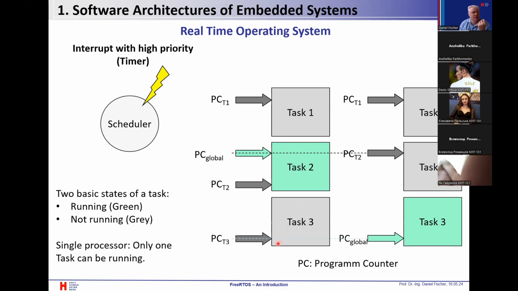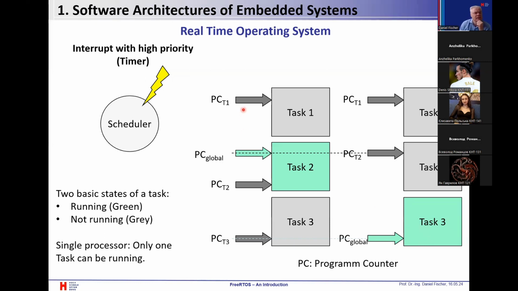And now there is a higher instance which is controlling the scheduling. And the higher instance is nothing else than an interrupt with a higher priority. Maybe a timer interrupt can do this. And this interrupt is checking: should there be a context switch? That means we stop task 2, you can see, and we restart task 3.